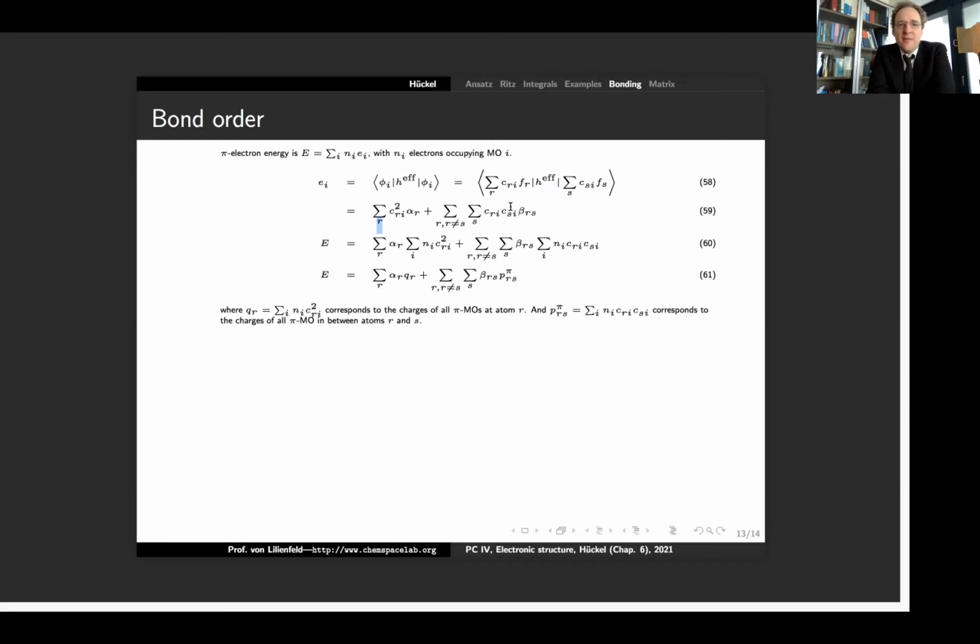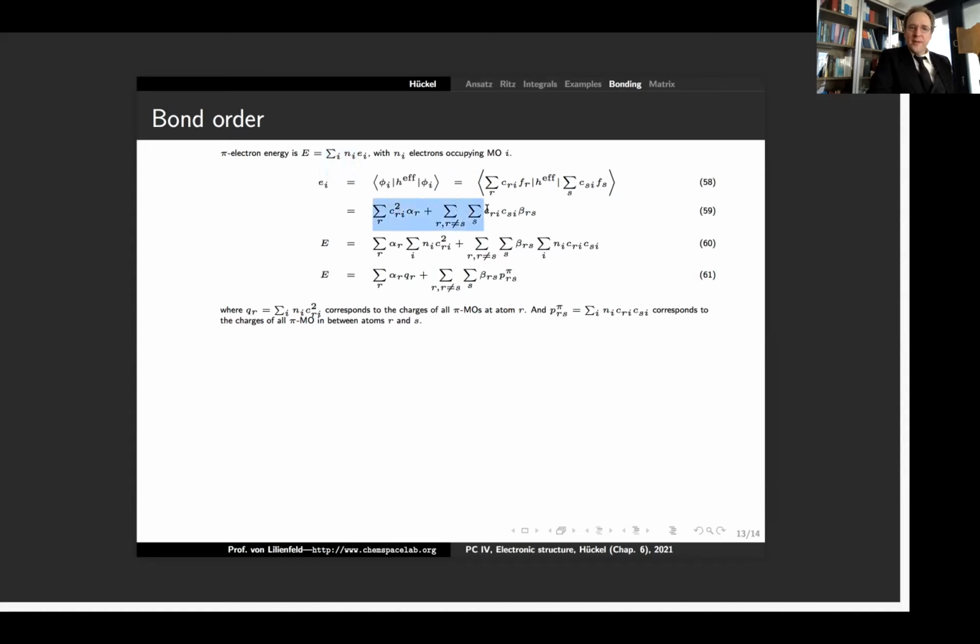And here you have the neighbors, R and S, with the beta. When we want the total energy, we still have to sum over the number of electrons.